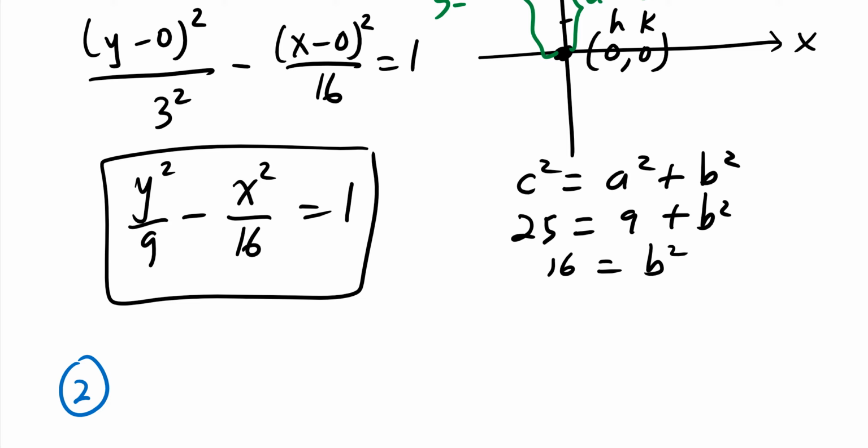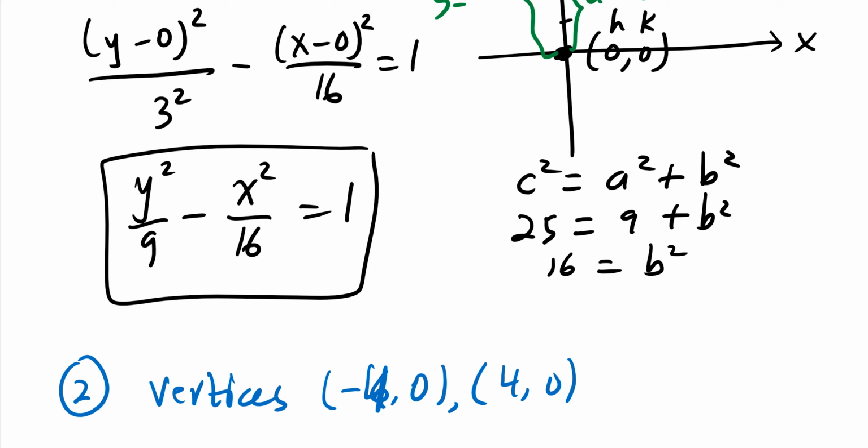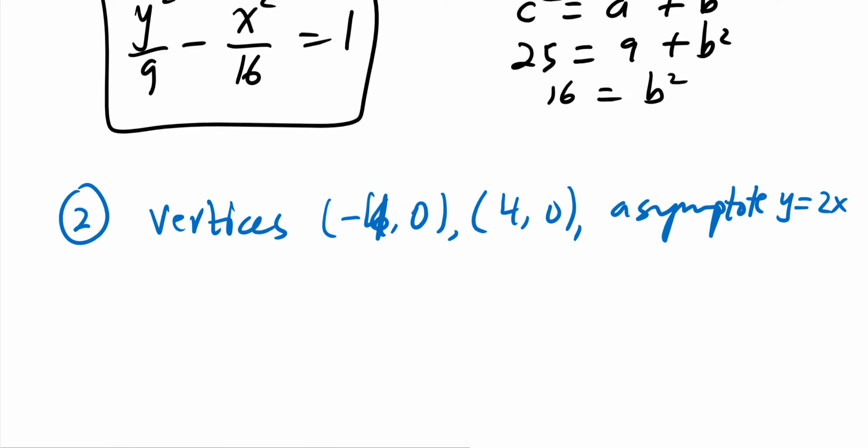Part 2. Let's say they give us vertices negative 4, 0 and 4, 0, asymptote with the equation y equals 2x. Let's see what we can do.